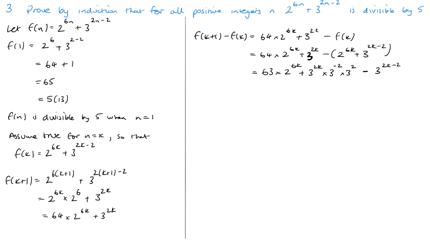So we've already taken this one away from the 64. Now that's just multiplying by 1, but these two are combined to one of those. So this is going to give me 63 times 2 to the 6k plus 9, that's the 3 squared, times 3 to the 2k minus 2, minus 3 times 2k minus 2. So 63 times 2 to the 6k plus 8 times 3 to the 2k minus 2.